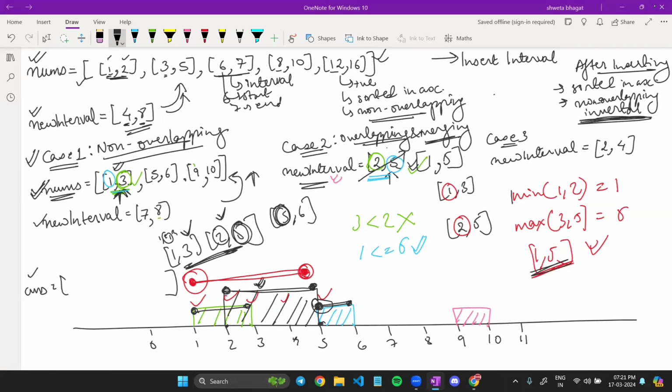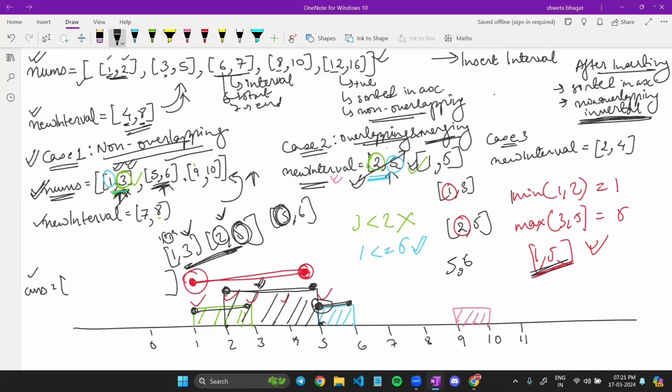So we have to check for the case that once we have merged the new interval with an existing interval, it is possible that there exist some more intervals in nums that have something in common with the new interval, right? We have to check for that case as well. So we can see that if our current pointer moves over here, correct? So what do we have? We have 5, 6.